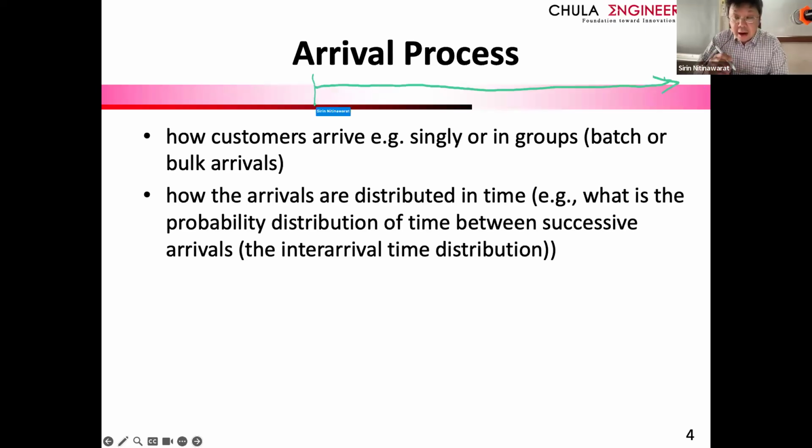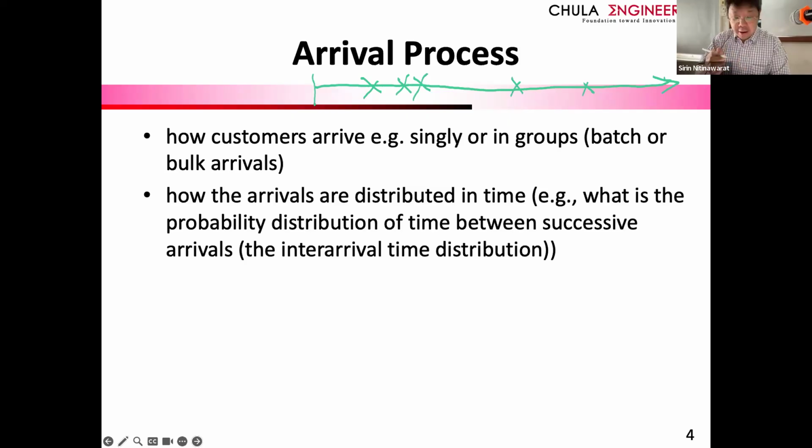How can I describe the entire arrival process probabilistically? If this is the starting time, let's say the first customer arrives here, then maybe later on a second customer, third customer, and then fourth, fifth. How do I specify these different times?